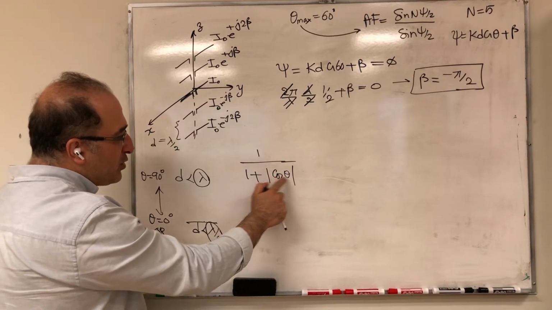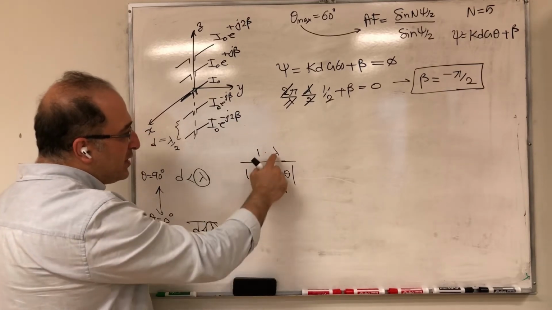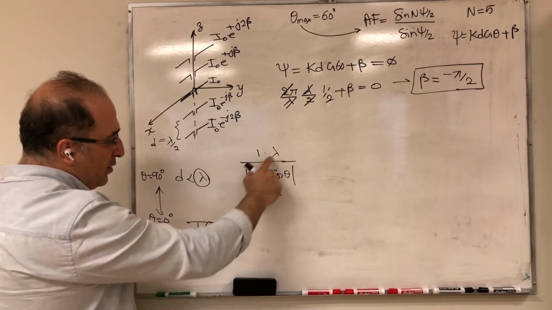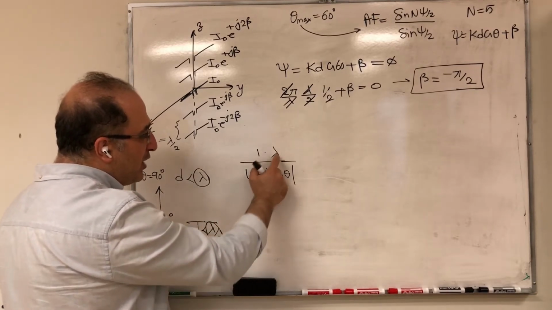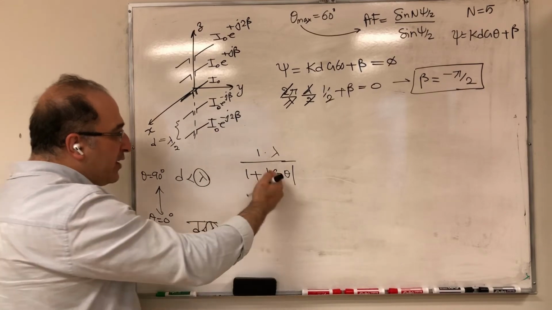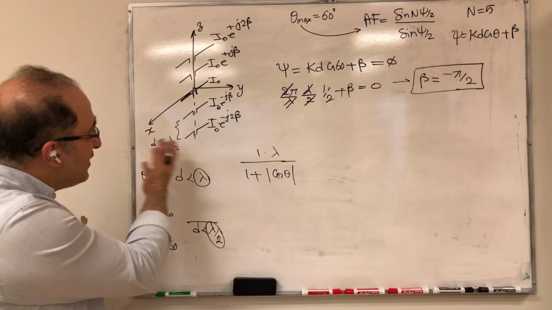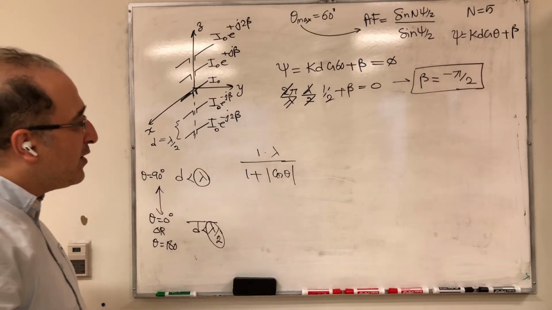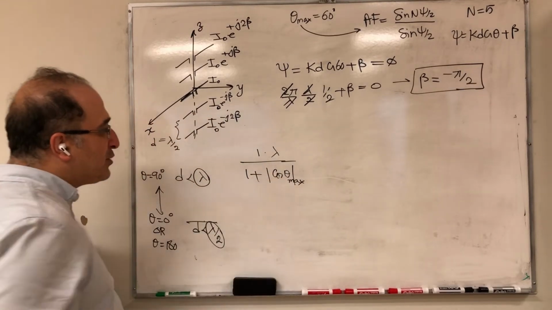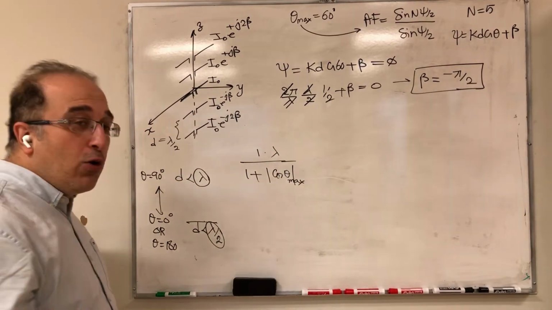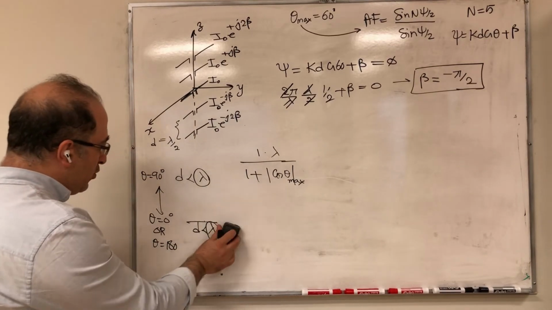If you are dealing with cos of 90, you essentially get lambda. If theta equals 0, you get 1 plus 1, which is 2, so lambda divided by 2. For other angles, it's between them, as you see. So based on that, we know there would be no grating lobe. Maybe I write theta max here, and this is an absolute value because the cos can also be negative. So that's a side note here.